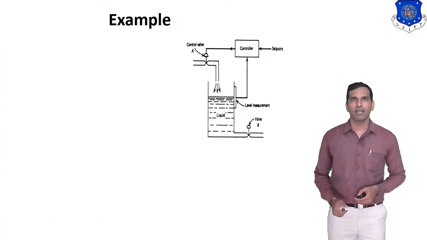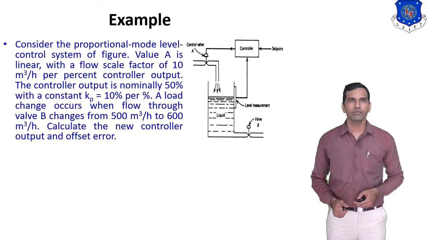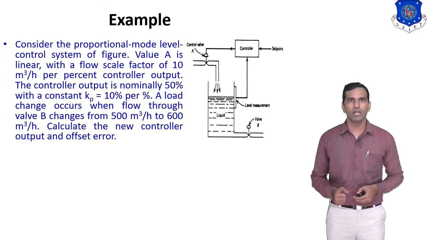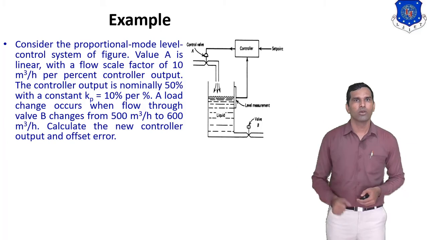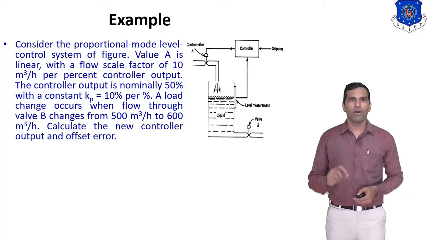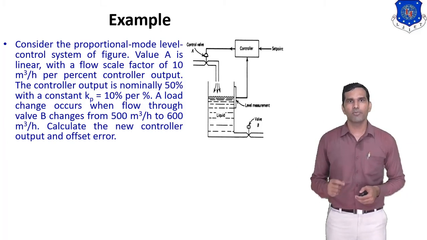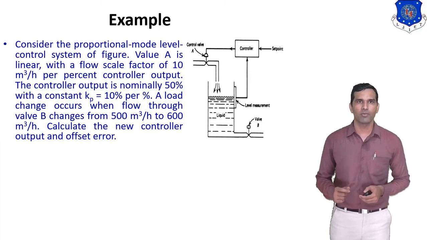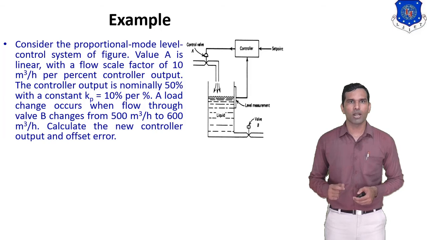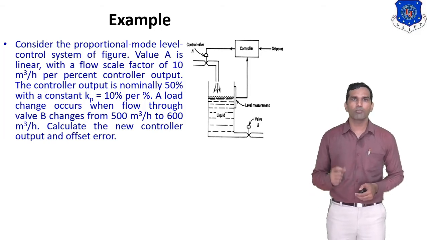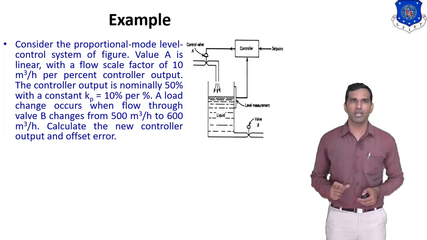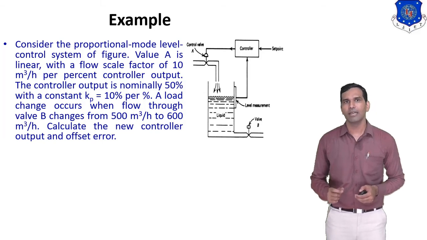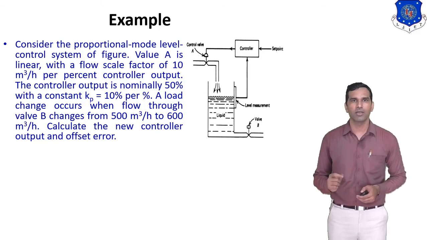Now we take an example. Consider the proportional mode level controller system of the figure. Valve A is linear with a flow scale factor of 10 meter cube per hour per percent controller output. The controller output is normally 50% with a constant Kp equal to 10%.